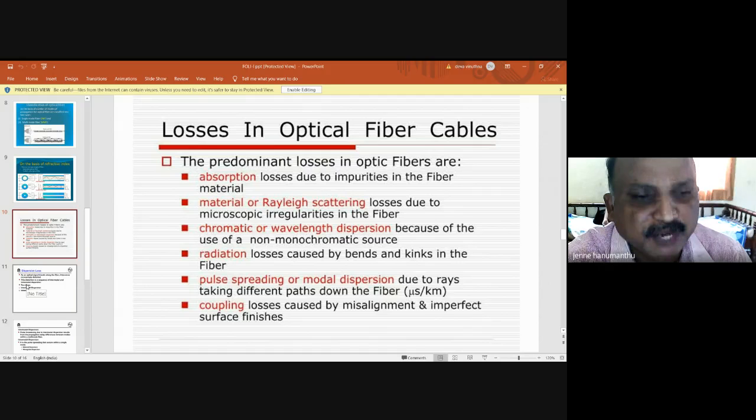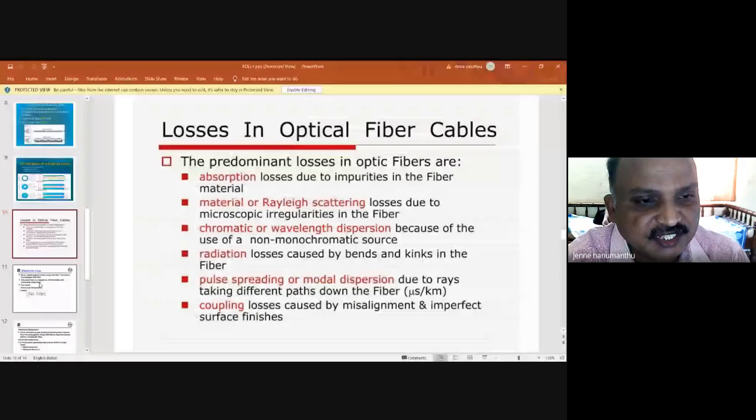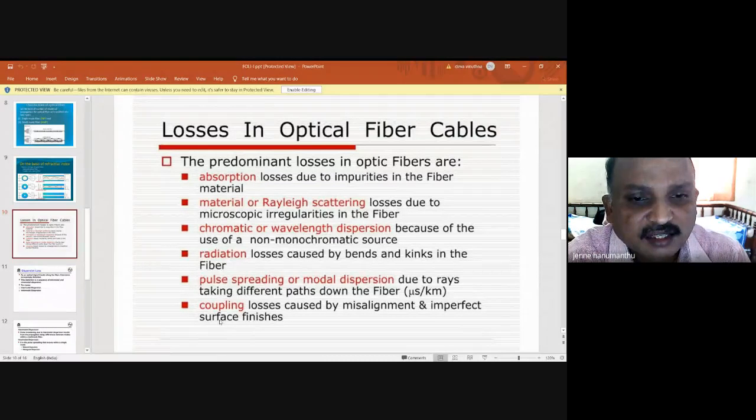The same pulse spreading you also expect in modal dispersion. Pulse spreading or modal dispersion is due to rays taking different paths. In this, the light rays may take different paths.